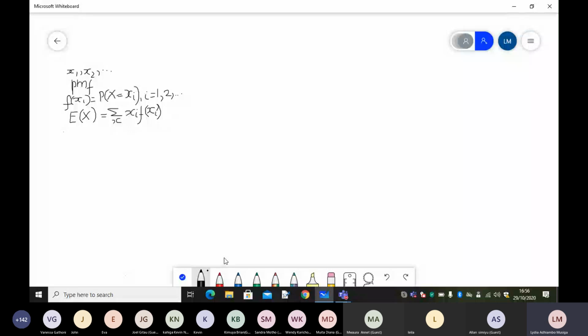What does this xi f of xi mean? The one that I've underlined in red. xi is the value of the random variable, maybe it is 0, 1, 2, 3, and f of xi is the probability of capital X taking that value.